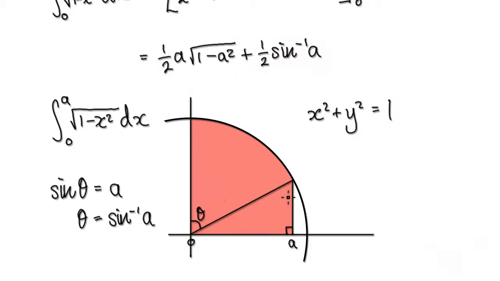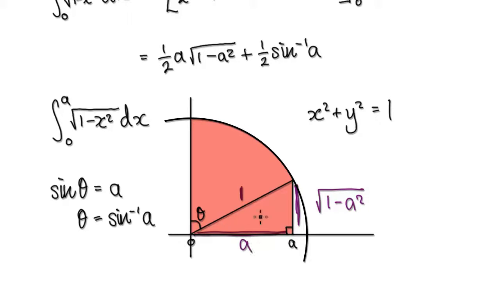So let's try and work out this area now. From here to here is A. To work out this area, we need to know the height. Well, the hypotenuse is 1. The adjacent here is A. So the height here will be the square root of 1 minus A squared.